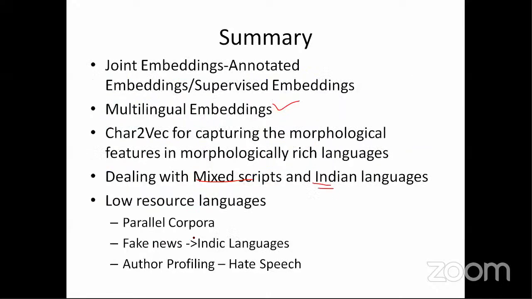For low resource languages, we can go for parallel corpora. If we don't have good parallel corpora, we can make use of English parallel corpora, or generate our own parallel corpora in Indian languages. Fake news, same case. The next one is author profiling. Author profiling or hate speech detection relates to automatically profiling the author from your history, from your text.